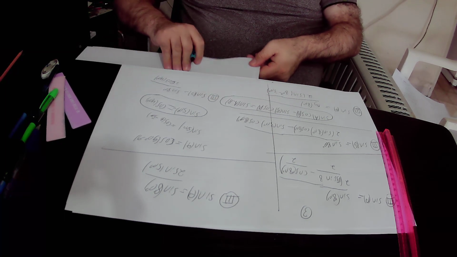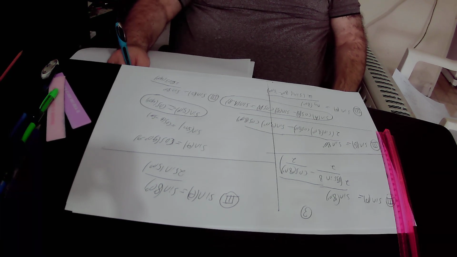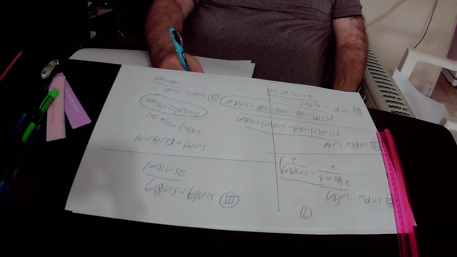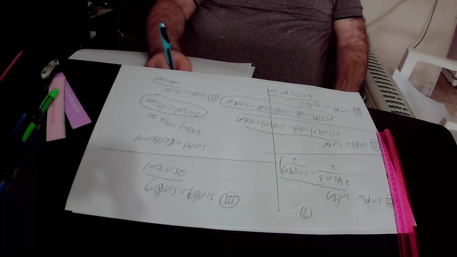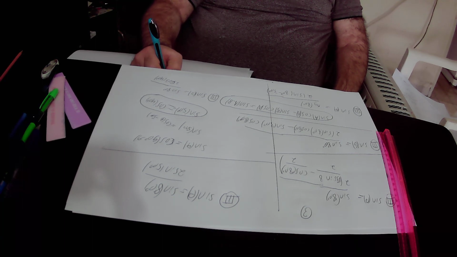So in conclusion, we found out that according to equation number 3, sine theta equals to sine 80 degrees over 2 cosine 40 degrees.